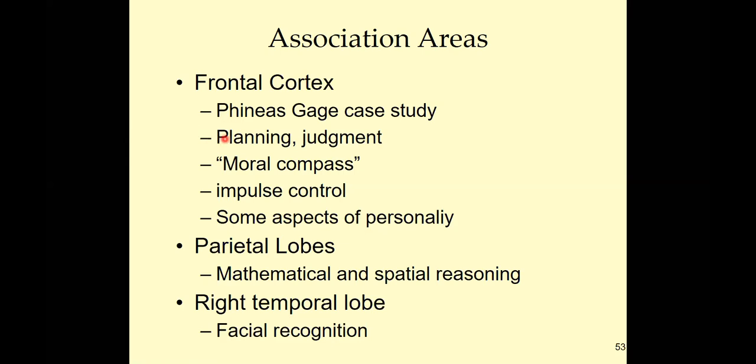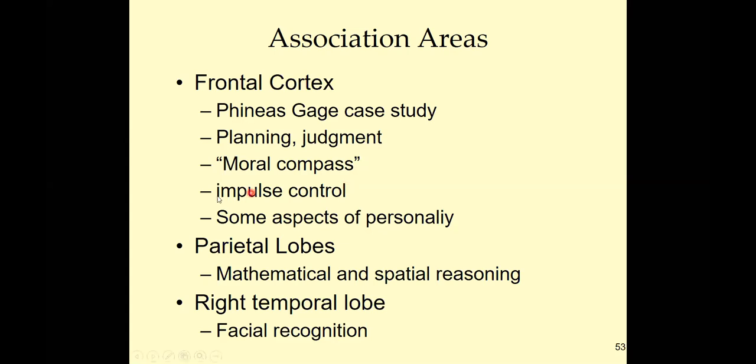He no longer was able to plan ahead effectively. His judgment was poor. He couldn't make good decisions anymore. He lost his moral compass. Previously, he had been a really nice guy and helpful. Now he was just mean and went around attacking people for no reason. Just totally lost his moral sense.